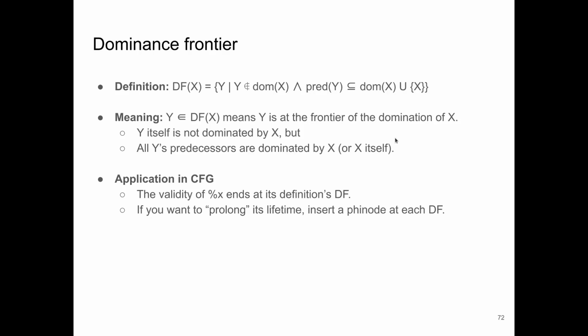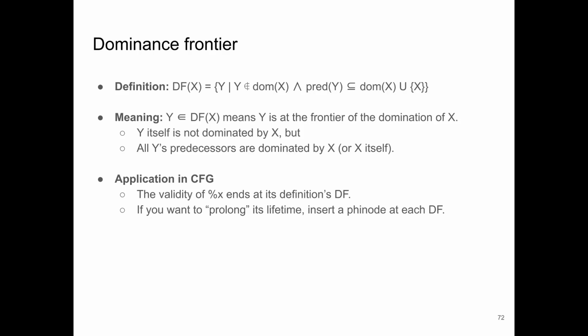And this idea, the dominance frontier idea, is well applied to the CFG and mem-to-reg optimization in this way. So first of all, the validity of a register, for example, say %X, ends at its definition's dominance frontier.